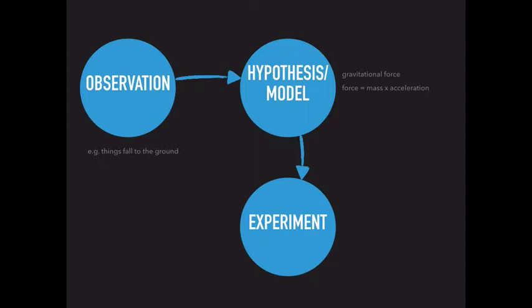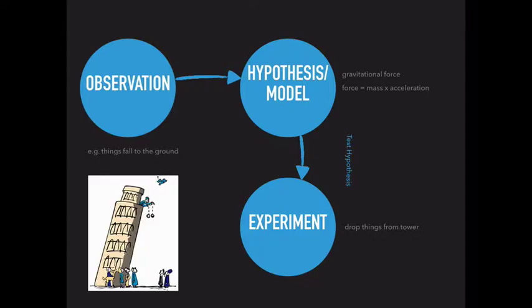So you go and experiment with that. And this is actually what Galileo did before Newton's model of gravity. Galileo went on the Leaning Tower of Pisa, dropped things to the ground and measured the rate at which they accelerate, and was able to come up with some laws for motion that Newton eventually used to formulate his second law.